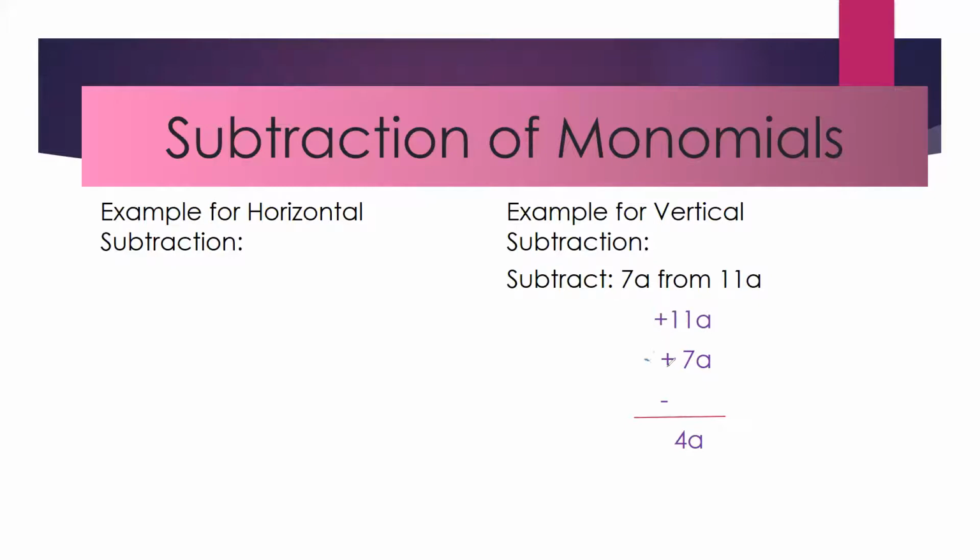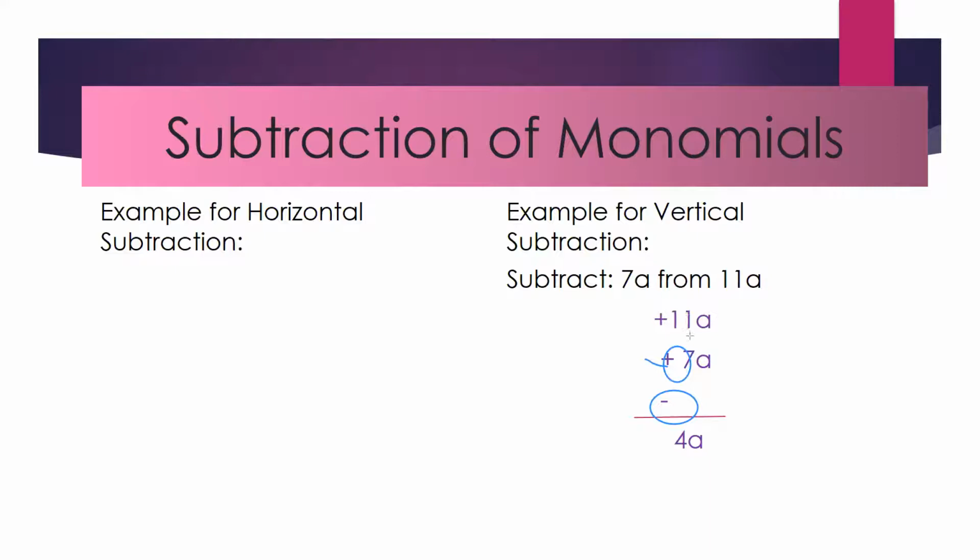The second term has a plus sign, so it will become negative. We cut the plus and make it a negative sign. If there were a minus with 7a, we would cut it and get a plus sign. Is it clear?